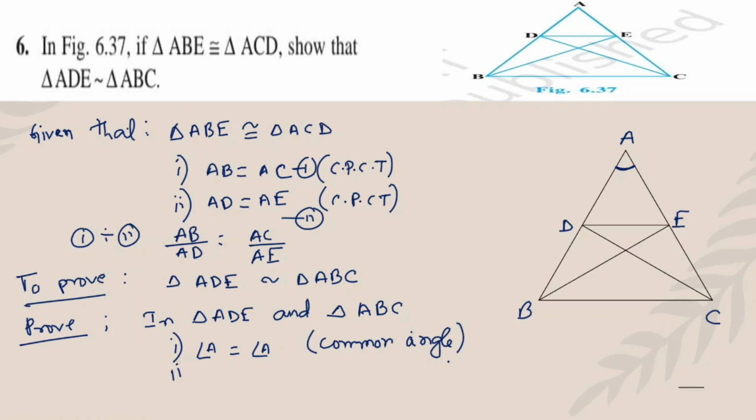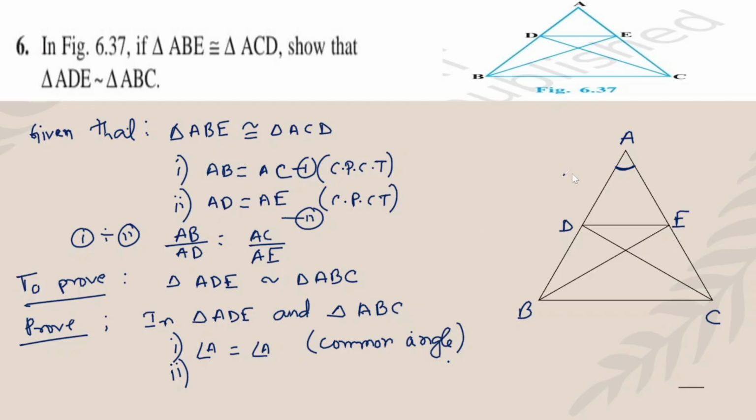Now the second condition is that angle ABC, so we have to prove AB by AD and AC by AE. So this smaller triangle and this bigger, the entire triangle.